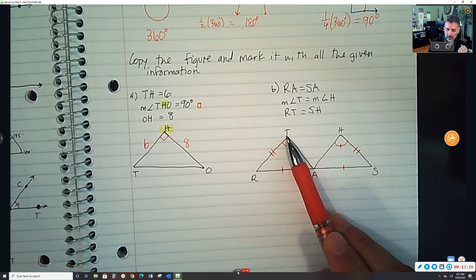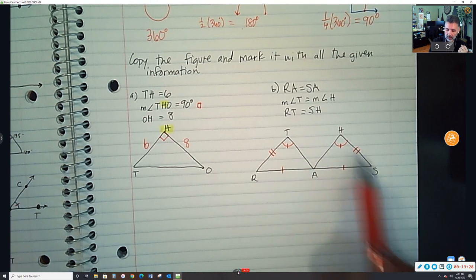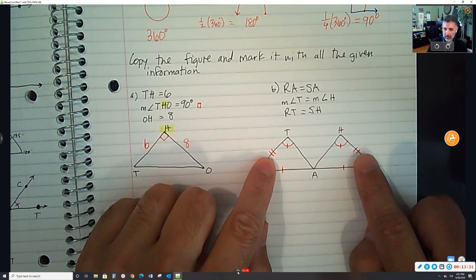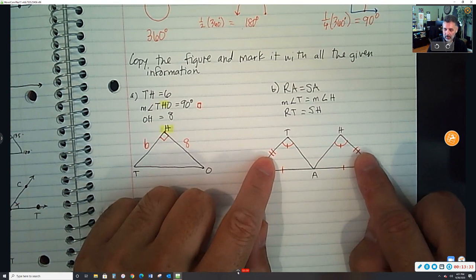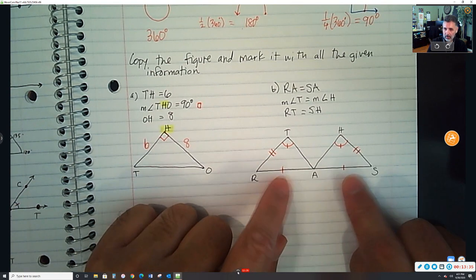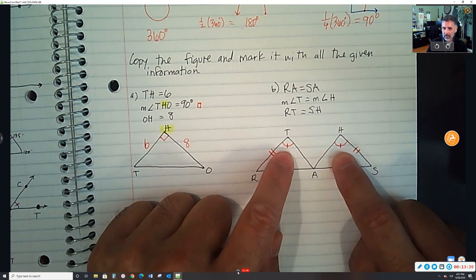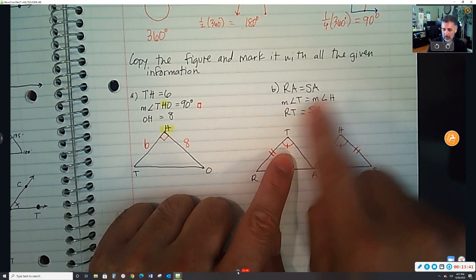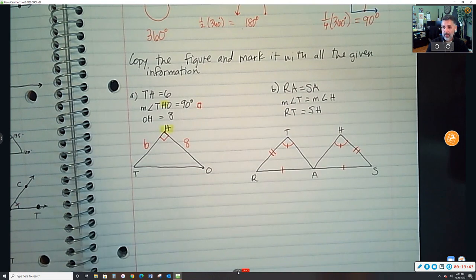So RT is equal to SH. And how do I know that? Because they have the same marks. These two are the same or equal because they have the same mark. And then these two are equal because they have the same mark. And that's the information we were given. And that is it. These are long notes.